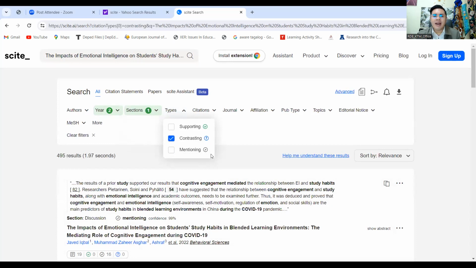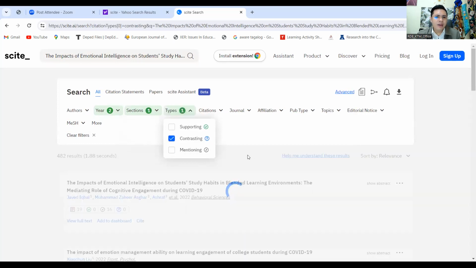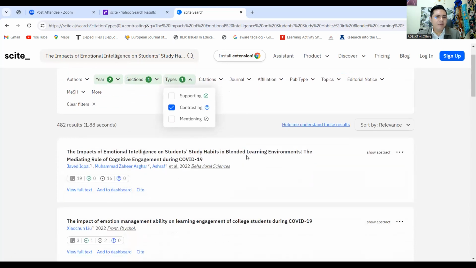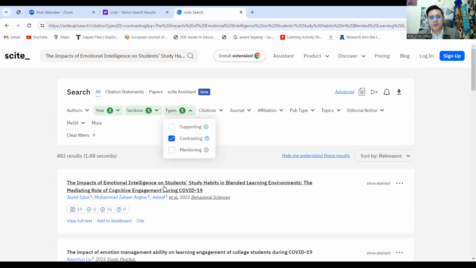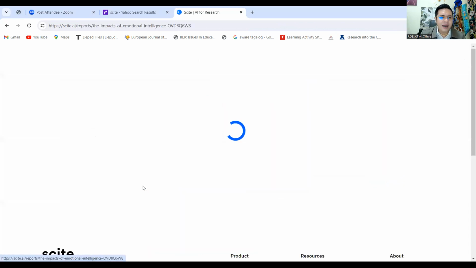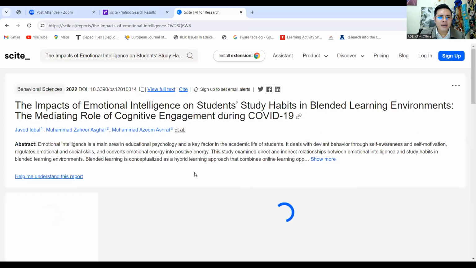But let's go to contrast. So let's see what are the papers that have contrasting attributes with existing papers. So the impact of emotional intelligence. I click it there.